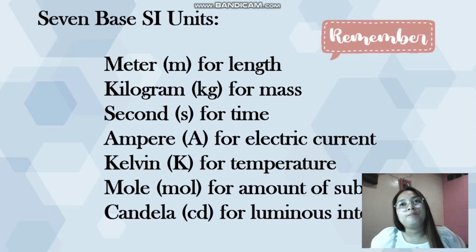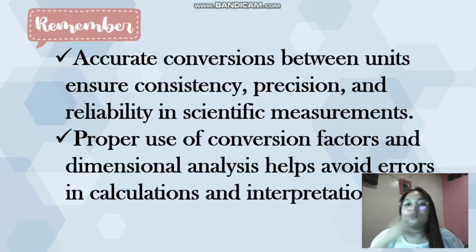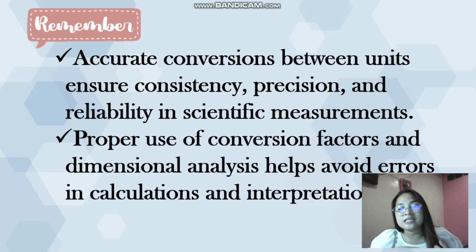Again, how much is 1 kilogram in grams? 1,000. Very good. Remember also that accurate conversions between units ensure consistency, precision, and reliability in scientific measurements, and proper use of conversion factors and dimensional analysis helps avoid errors in calculation.